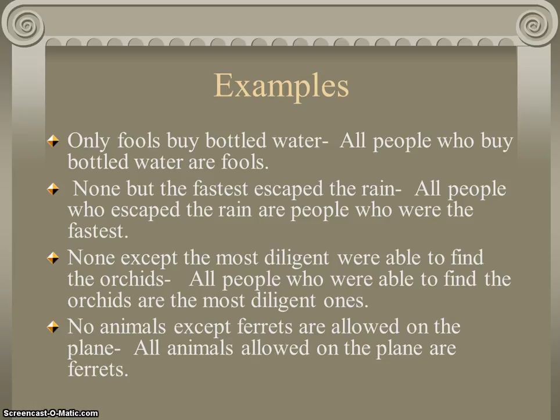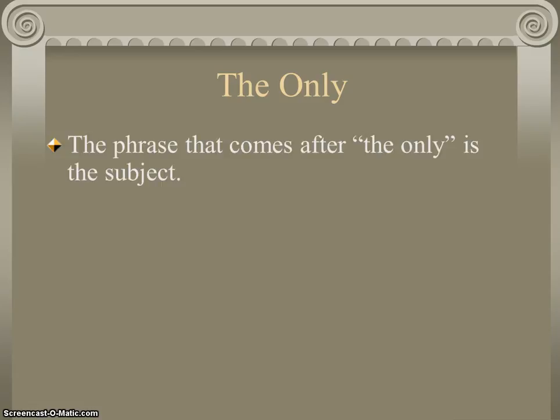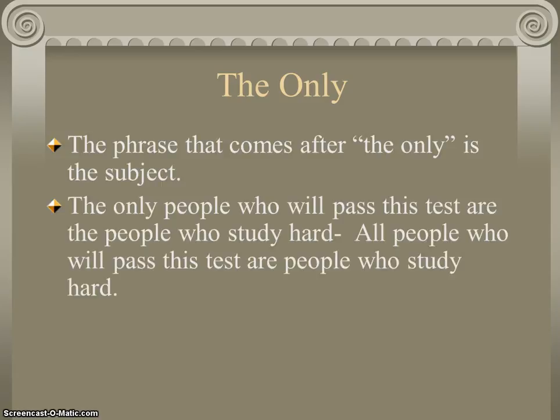Okay, so what we're really doing is taking exclusive propositions and turning them into terms that we can work with. Then we have the only. The phrase that comes after the only is the subject. The only people who will pass this test are the people who studied hard. So all people who will pass this test are people who study hard.